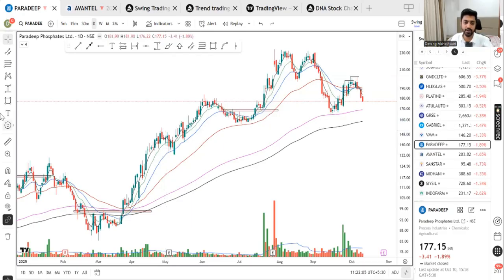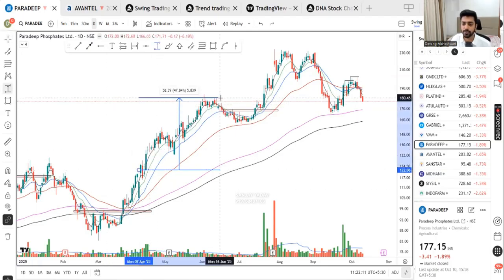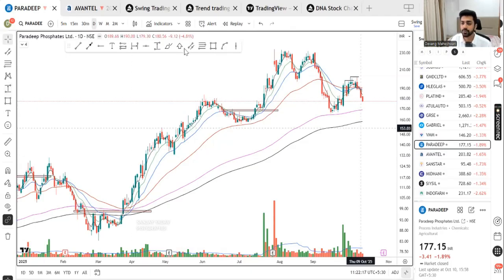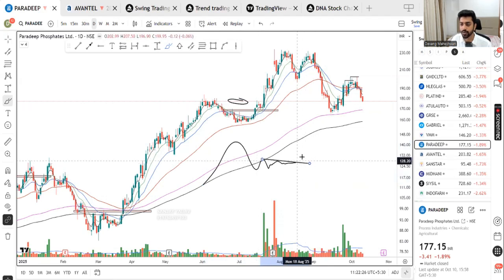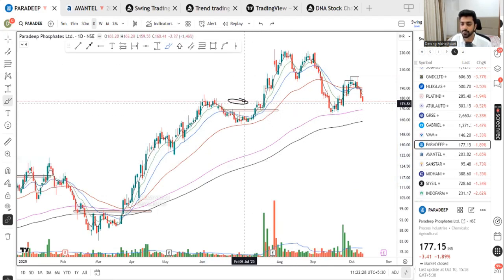In this it did not give a very high amount of the gains. Earlier gains like 40-50%, and it did not give much. But you can see that it did not form the congestion zone up here. Instead it went down, and then it had some candles up here and then started moving. Okay, so it's an up down base up here.